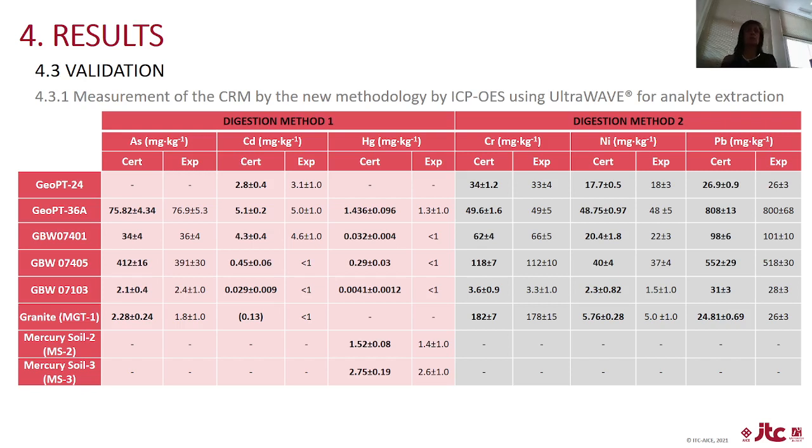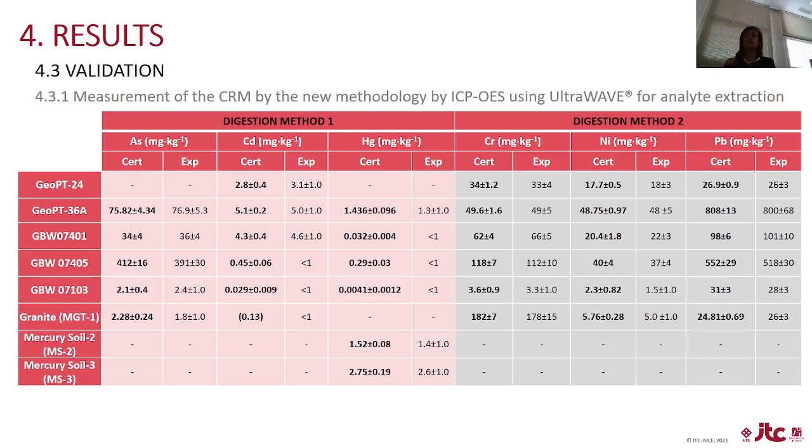In this table, the 8 materials analyzed are shown, and we can see that the results are quite accurate. They're quite similar. There is no significant difference between the certified and the experimental value.